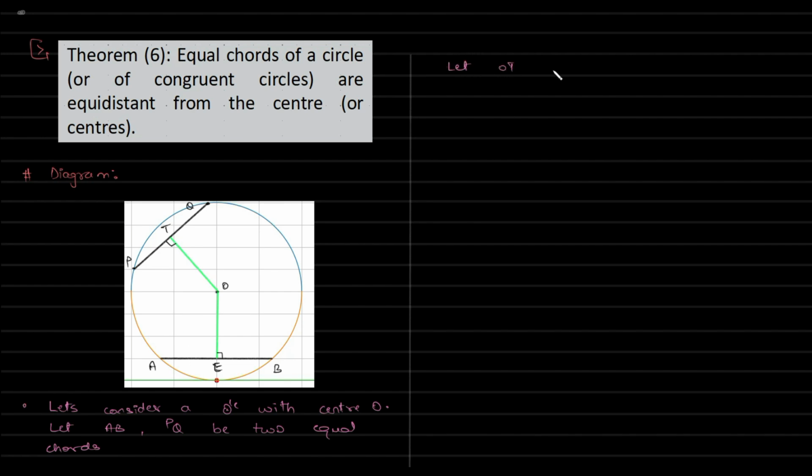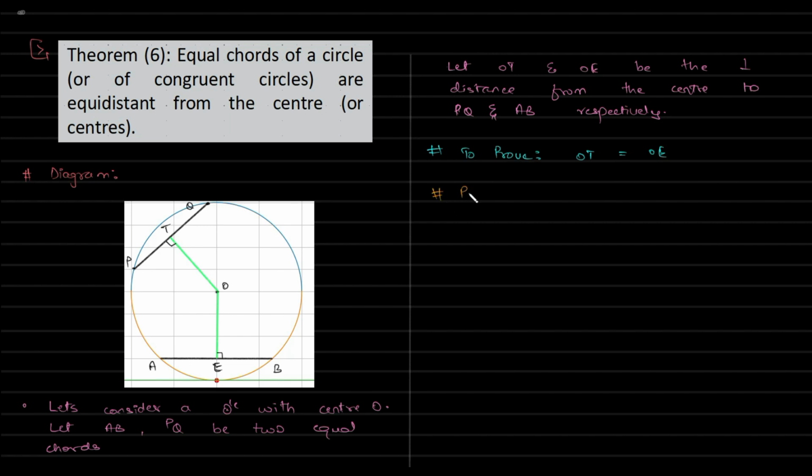Let OT and OE be the perpendicular distances from the center to PQ and AB respectively. Now, what is it that we need to prove? We need to prove that OT is equal to OE.